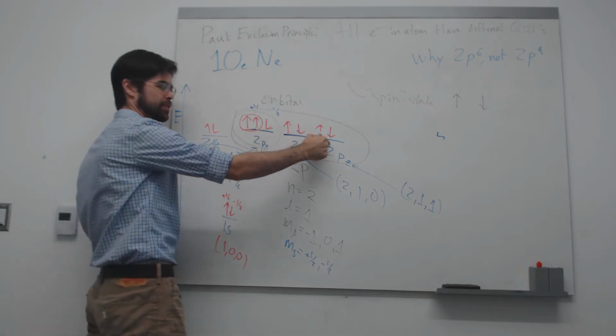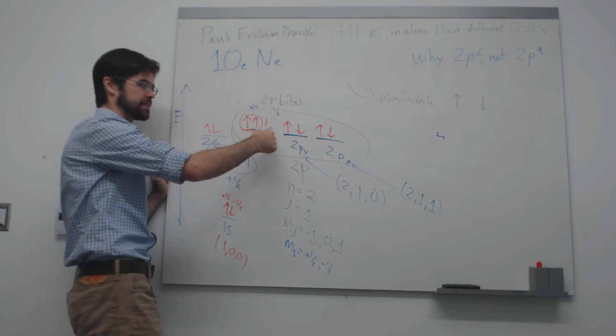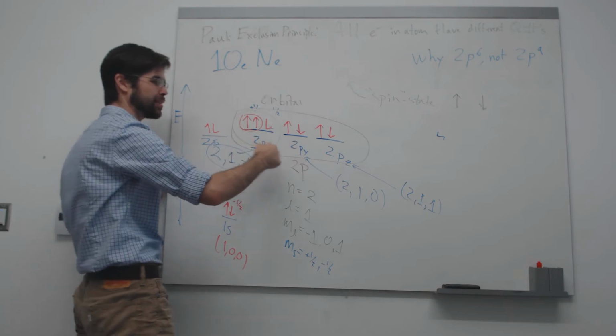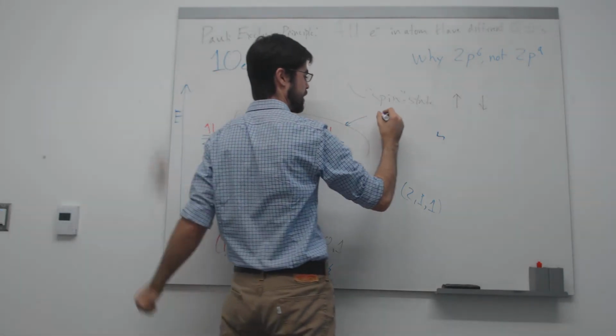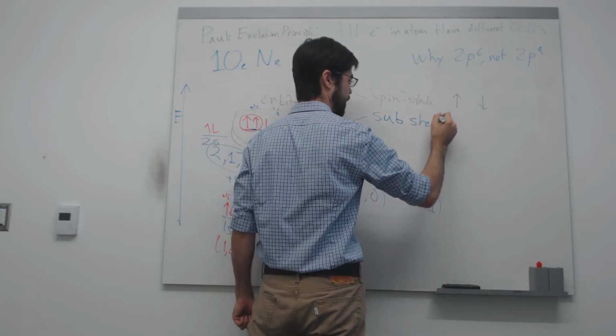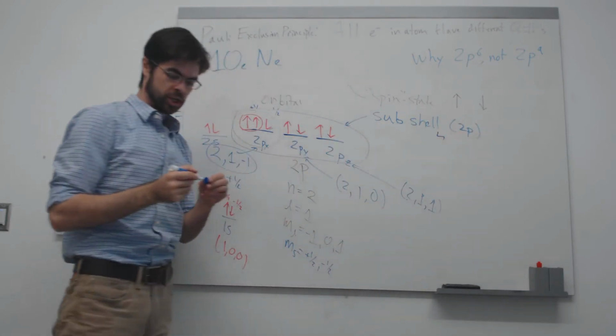So each of these represents a different and distinct orbital. So I would say this is one orbital. The 3 together represent a subshell. And specifically, it's the 2p subshell.